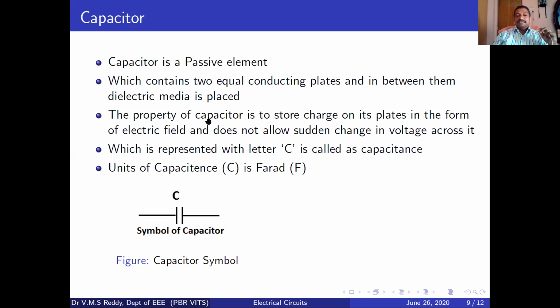The property of a capacitor is to store charge on its plates in the form of electric field, and it also does not allow sudden change in voltage across it. What is the meaning of this? Here, these two plates are formed with one side positive and the other side negative. Between these two plates, energy is stored.